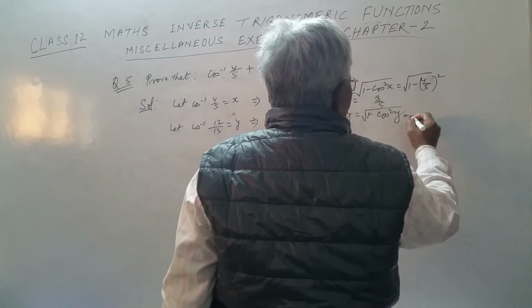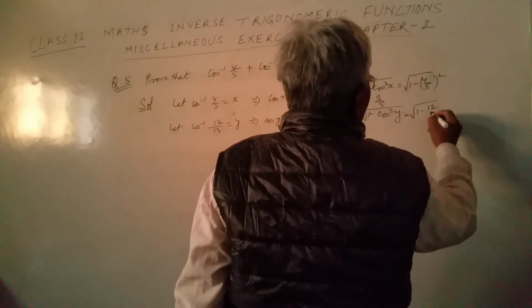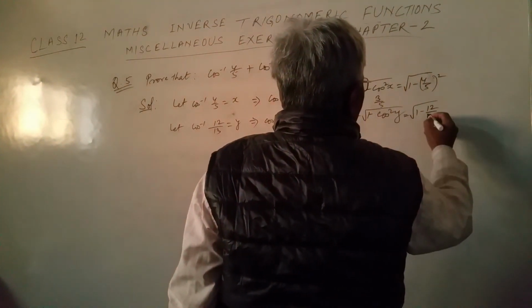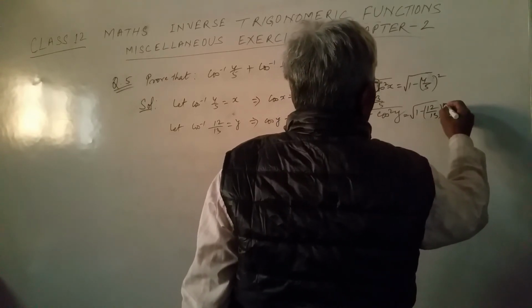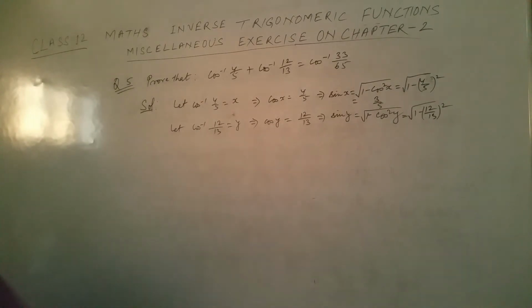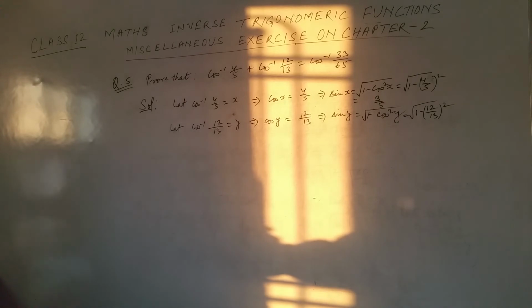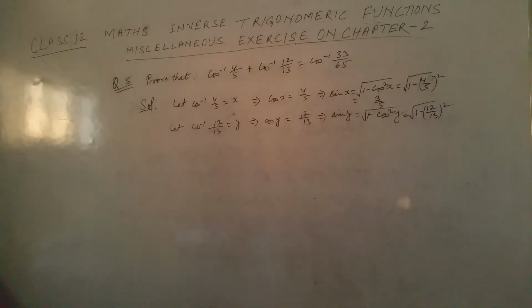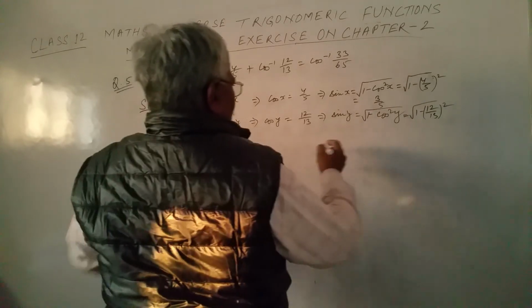Again proceed the same manner. 1 minus 12 upon 13 whole square. Then what do you get?